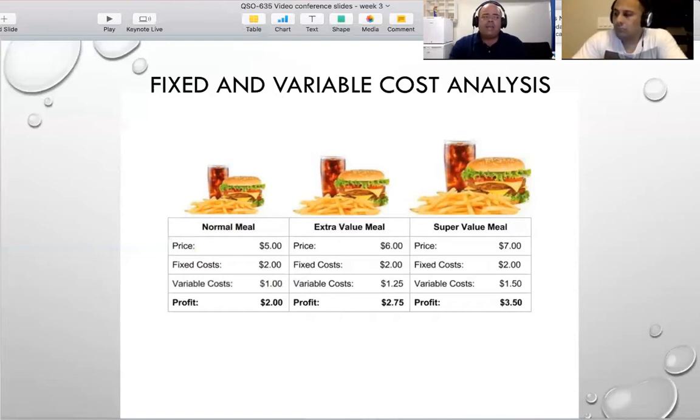Now let's say that you have a very good month where your demand goes to 15,000 cheeseburgers. The great thing about this scenario is if you're in a very competitive market, you can actually drop your prices of those extra 5,000 cheeseburgers so that all you really have to worry about covering is the variable costs.